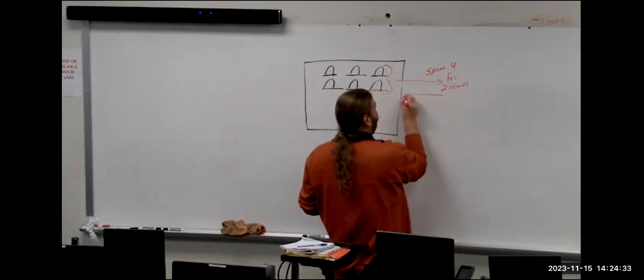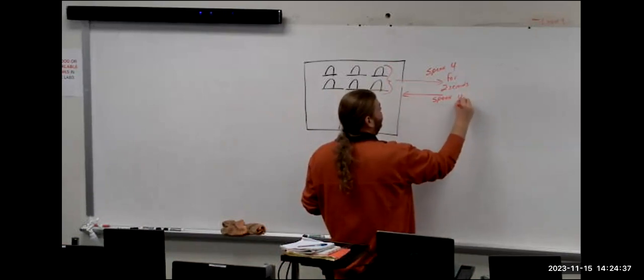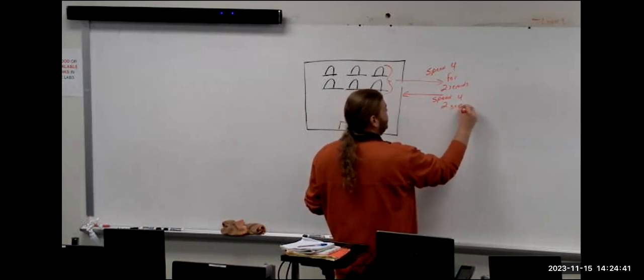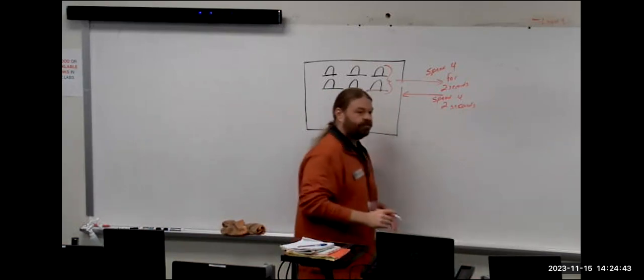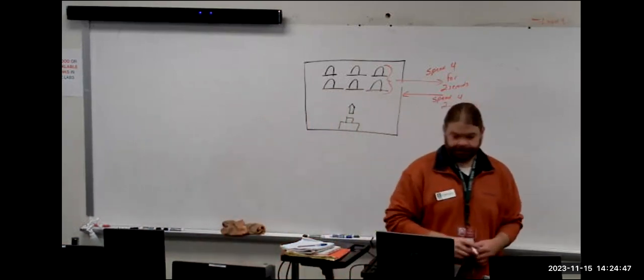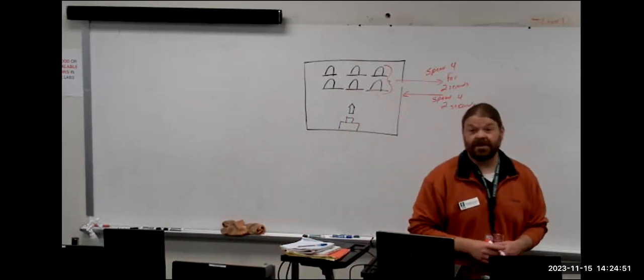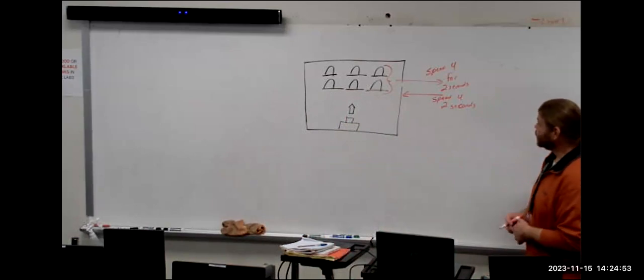And then we'll go right with a speed of 4 for 2 seconds. Repeat that a few times. I'm just guessing the first numbers, and then we'll see what they look like.